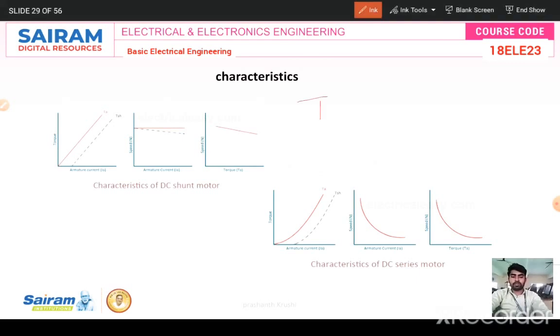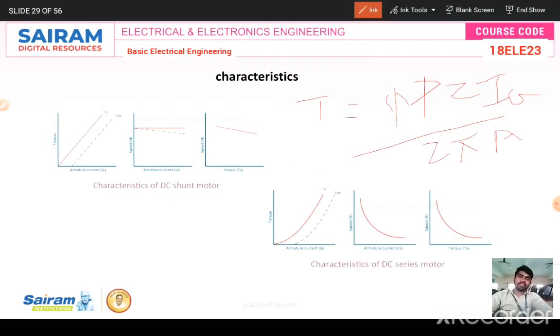Torque is directly proportional to phi P Z Ia by 2 pi A. So torque is directly proportional to Ia for DC shunt motor. So it is linear, because torque is proportional to Ia. That is the torque versus armature current characteristic.